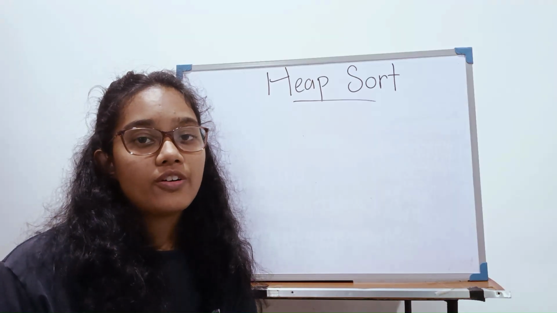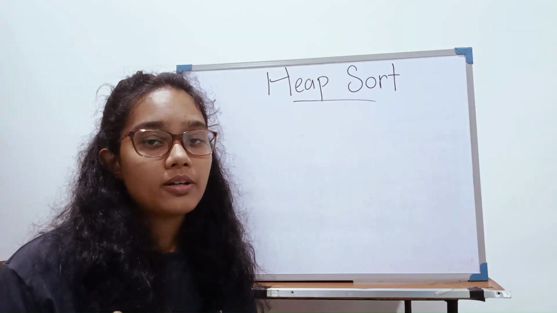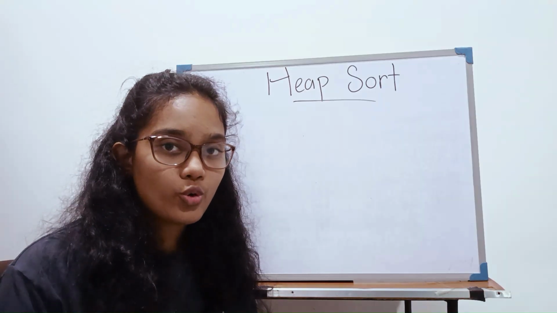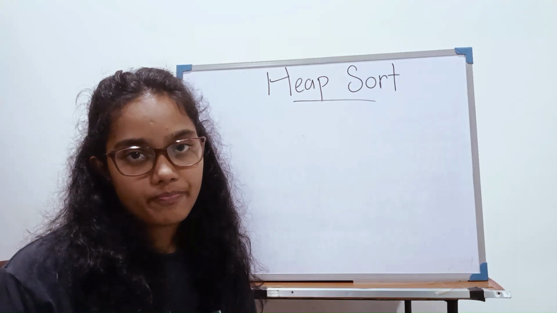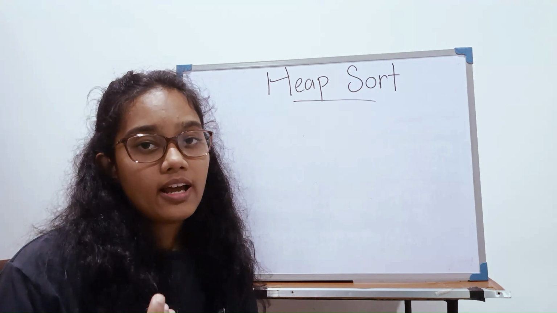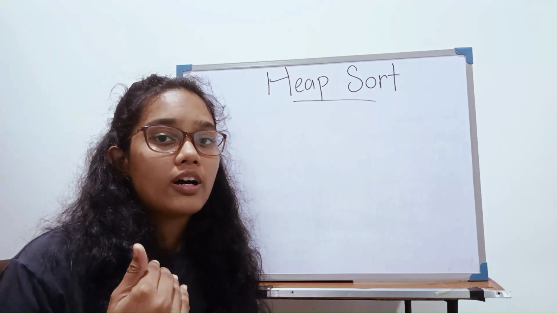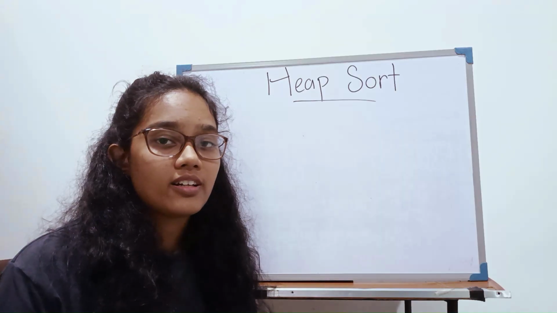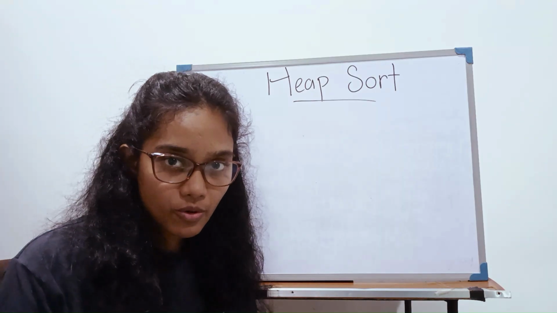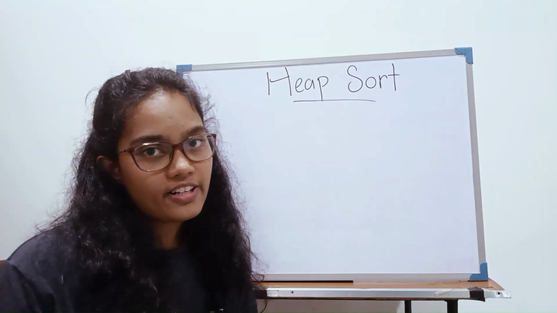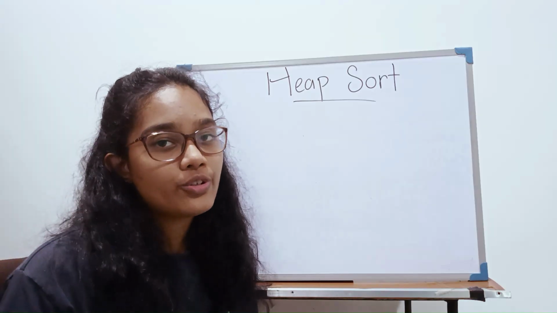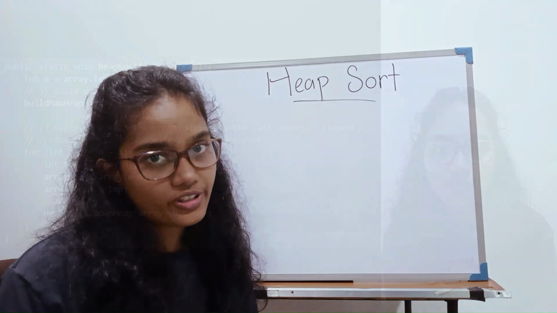Then we have to repeatedly swap the minimum or the maximum element, which is at the root, with the last element, and we reduce the heap size. Then we have to heapify under this new root. So we have to repeat this process until the array is sorted. So this is what we have to do in order to perform the heap sort.